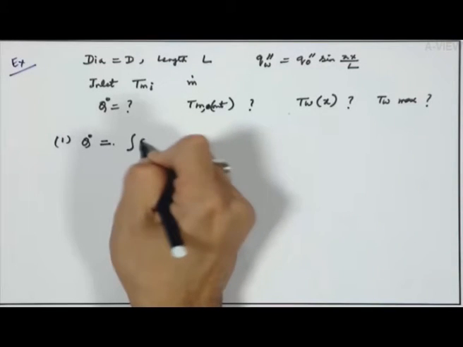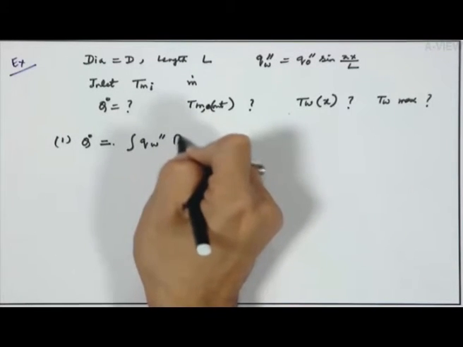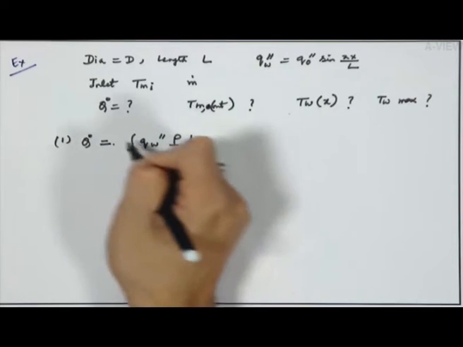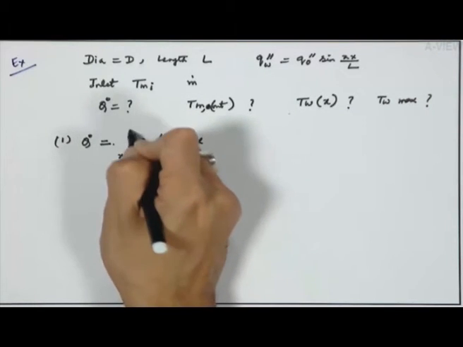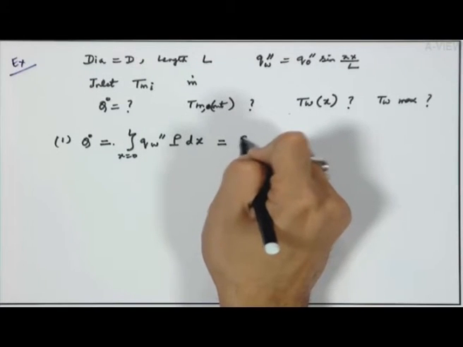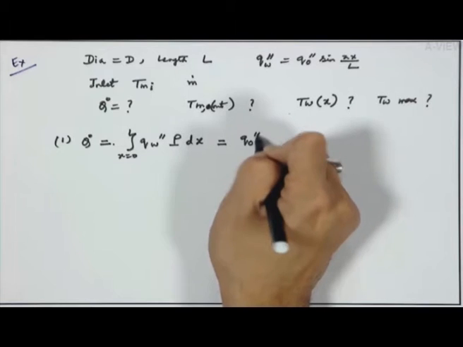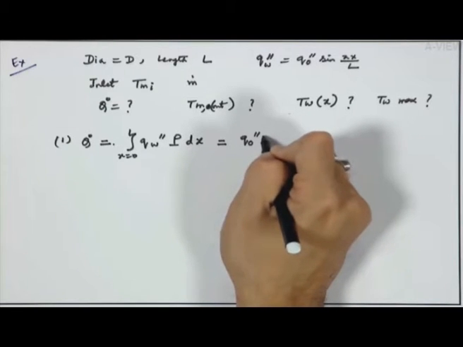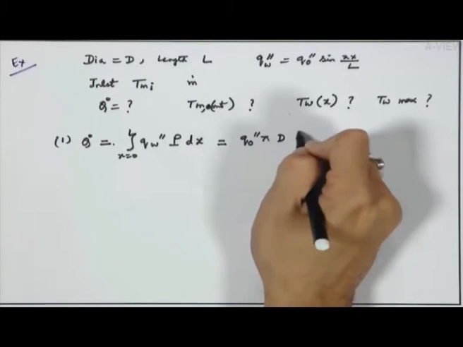So, what is the total rate of heat transfer? Total rate of heat transfer is nothing but q wall into perimeter into dx from x equal to 0 to x equal to L. So, this is q wall, which is q0 into sin pi x by L. Perimeter is pi d.